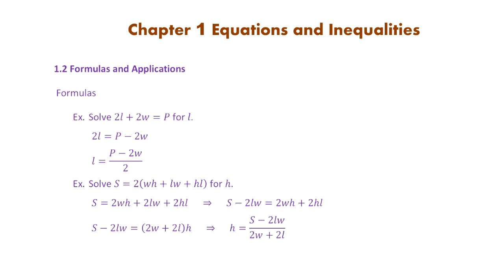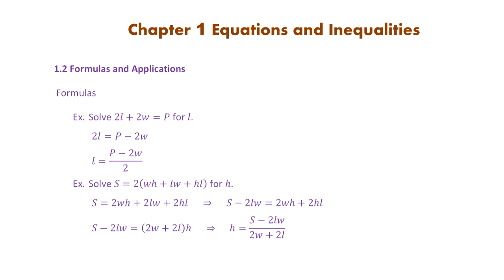So in the second example, we move all the terms without h to the left. S minus 2LW, they both don't contain h. The terms on the right, 2WH and 2HL, both have h, so we leave those two terms on the right.